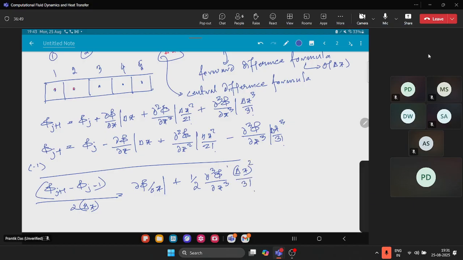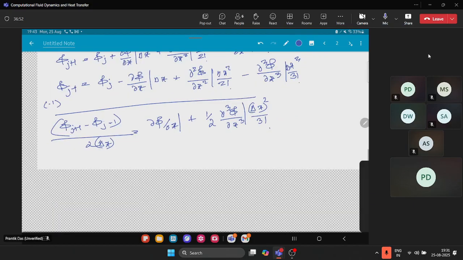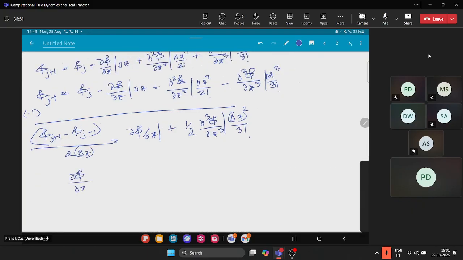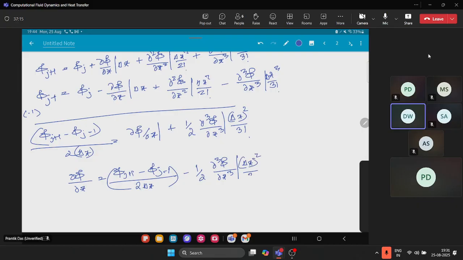So now d phi dx is (phi j plus 1 minus phi j minus 1) by 2 delta x minus half of d cube phi dx cube delta x squared by 3 factorial.